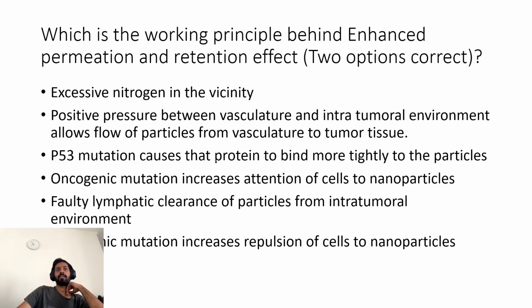P53 mutation causes that protein to bind more tightly to the particles. Oncogenic mutation increases attention of cells to nanoparticles. Faulty lymphatic clearance of particles from intratumoral environment, or oncogenic mutation increases repulsion of cells to nanoparticles. What is the working principle behind the EPR effect, or enhanced permeation and retention effect?